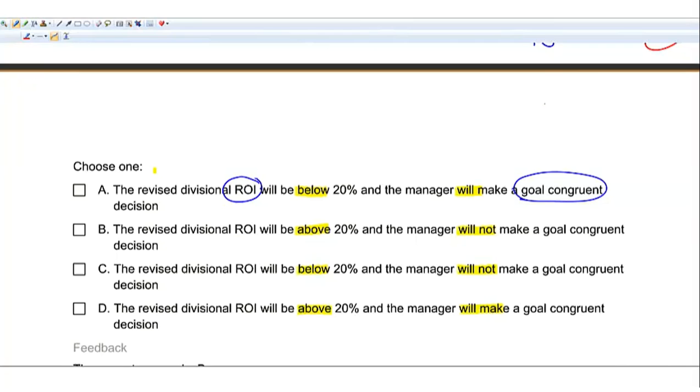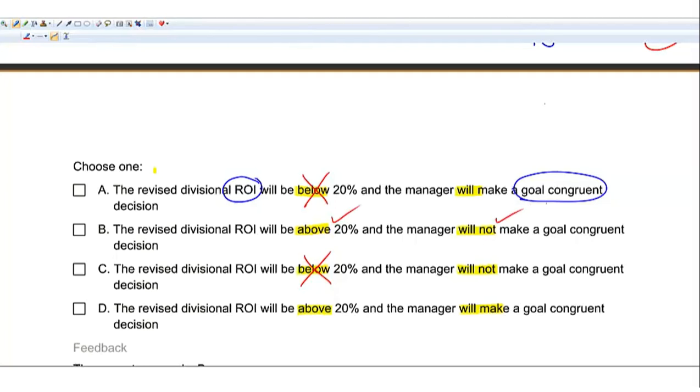Statement A says the revised divisional ROI is below the 20%. Well, we know that that's not true because it's above the 20%. We therefore also know that statement C is not true for the same reason. Reading statement B, the ROI is above 20%. Well, that is true, and the manager will not make a goal congruent decision.